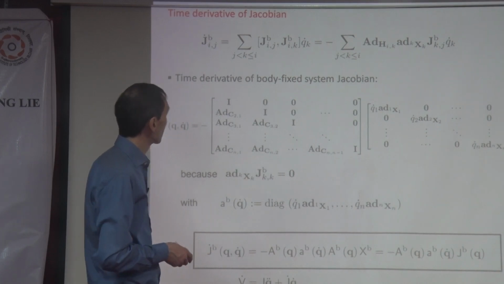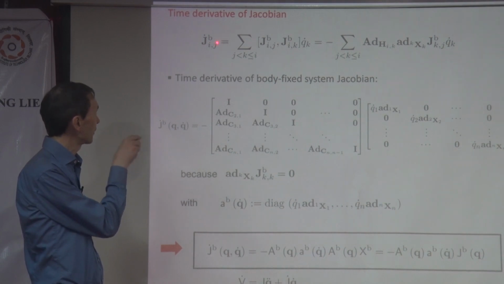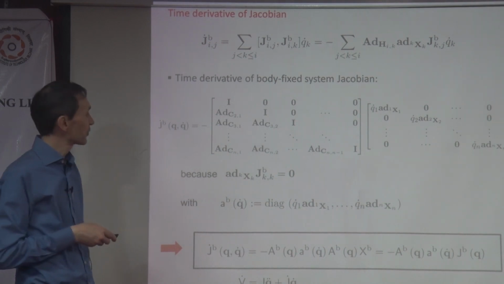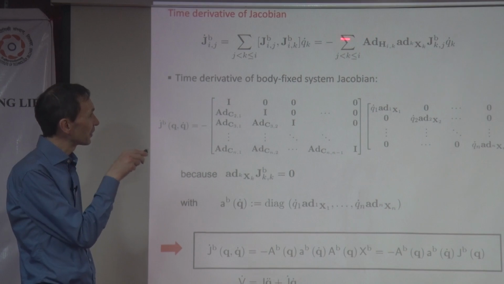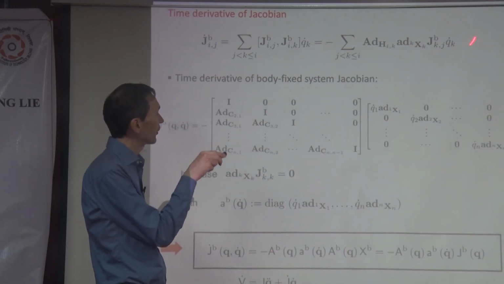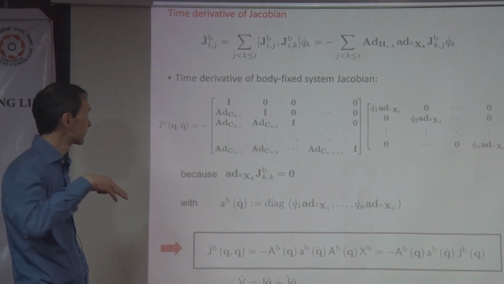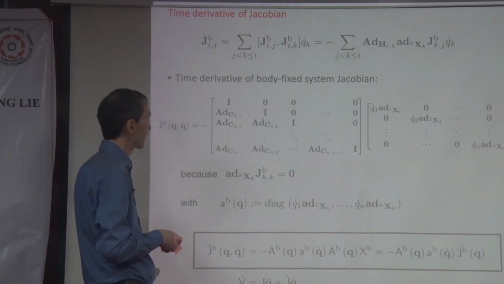But let's use this expression, because that expression for J dot is again quite beneficial. If you believe me that this is true, then we can again formulate this in a more compact form for the system Jacobian.